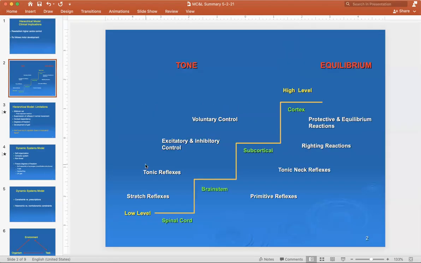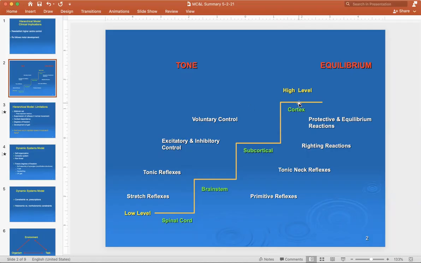So this is what you're looking at. Here's a patient with stroke. If you're trying to influence tone, if you try to influence equilibrium, these are the steps you'll follow up with a patient who had a stroke. So now they're down here. You have to try to inhibit these and facilitate, inhibit, etc., and get up to the higher level cortex.